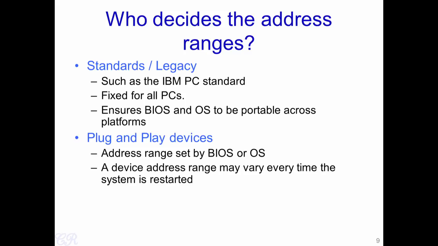It would then ask the network card how much memory it requires and what type of memory it requires, whether it is IO memory or a memory address. Based on this, the BIOS would then allocate a portion of memory for that particular network card. So, the allocation would be fixed for each boot of the PC, but on the other hand, the location in the address map would vary across each boot.